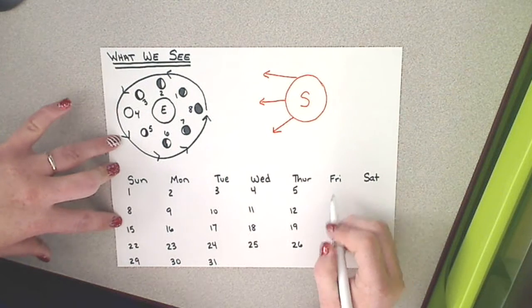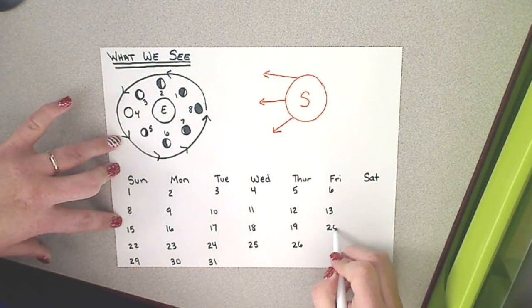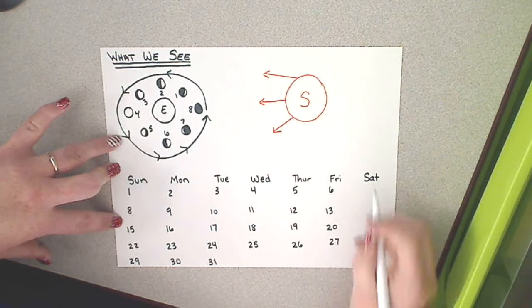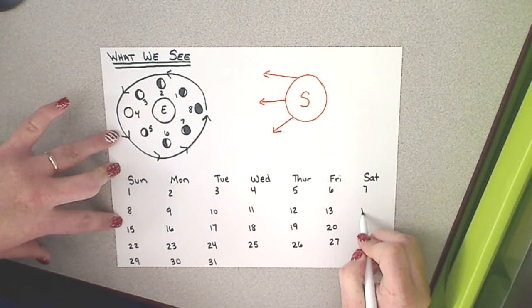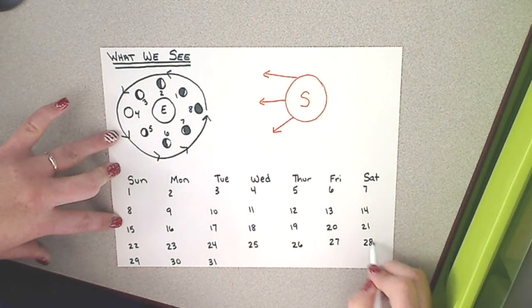Scoop this over a bit. 6, 13, 20, and 27, and 7, 14, 21, and 28.